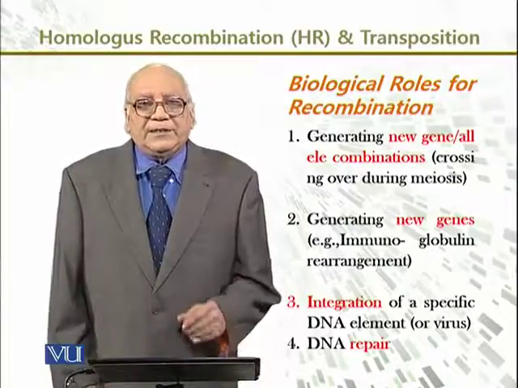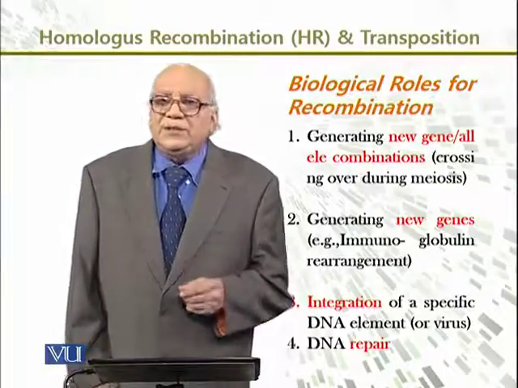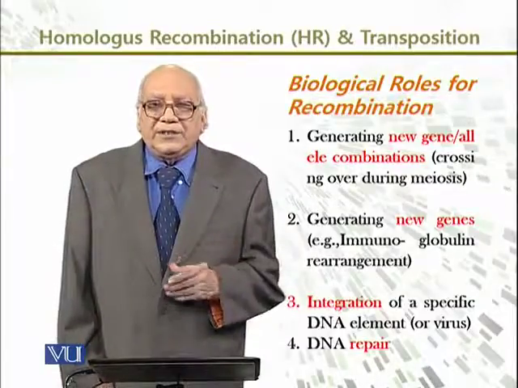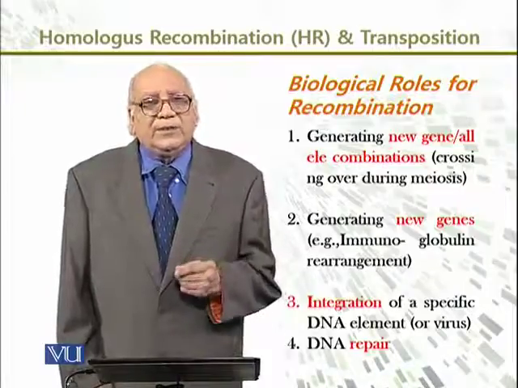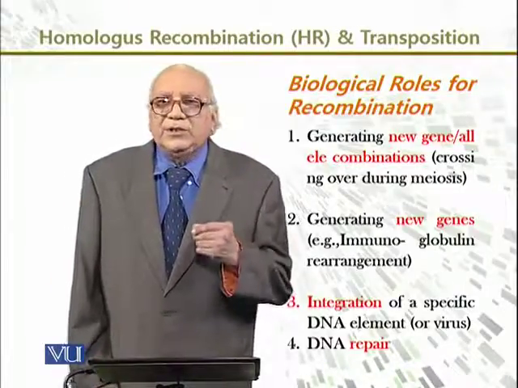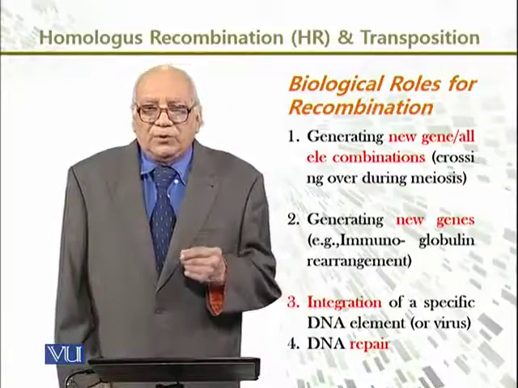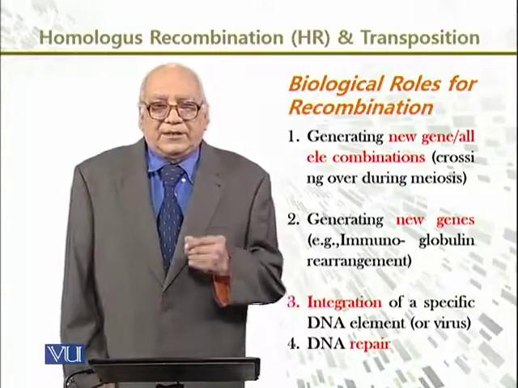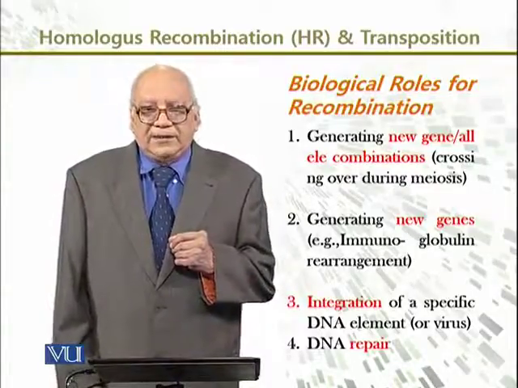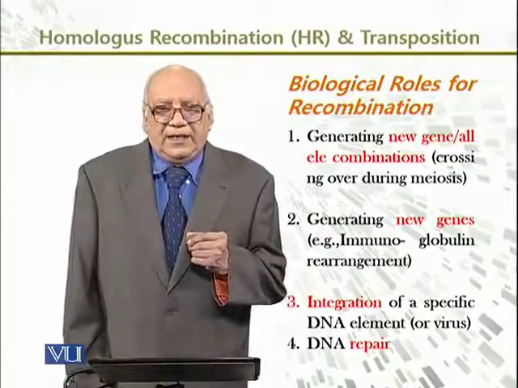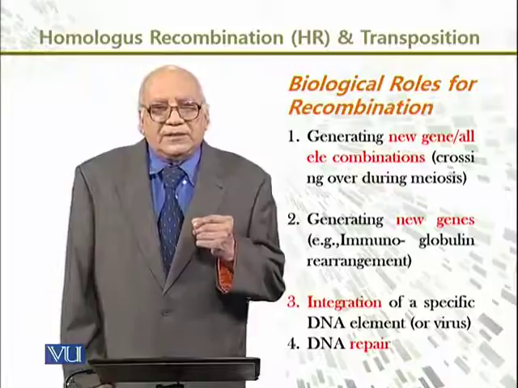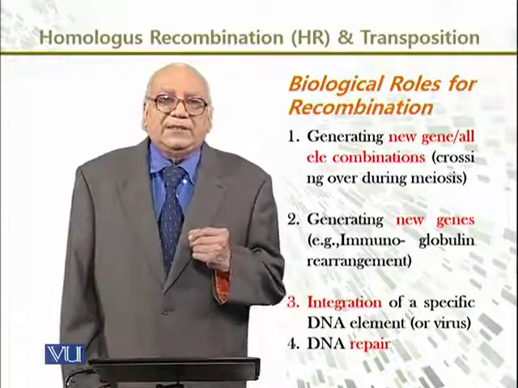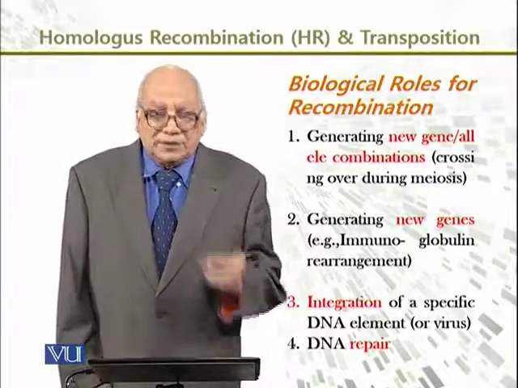The biological roles of recombination are generating new alleles and allele combinations, that is, crossing over during meiosis, generating new genes from immunoglobulin rearrangement, integration of a specific DNA element for viruses, and last, DNA repair, which is an important and significant contribution of recombination.